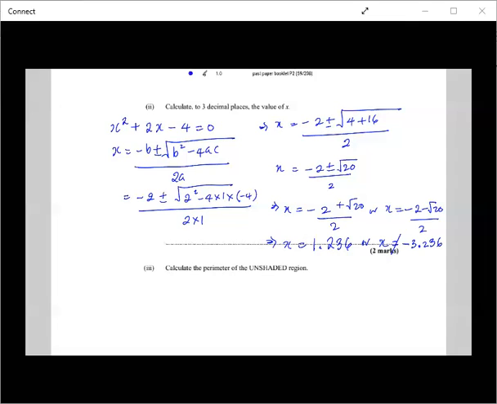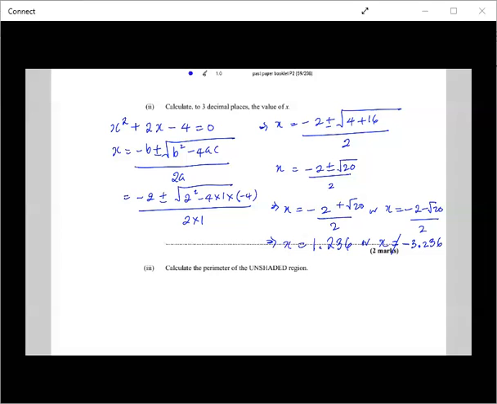Because x forms part of the length of a rectangle, and the length of a rectangle cannot be negative. So x is 1.236 centimeters, to 3 decimal places.